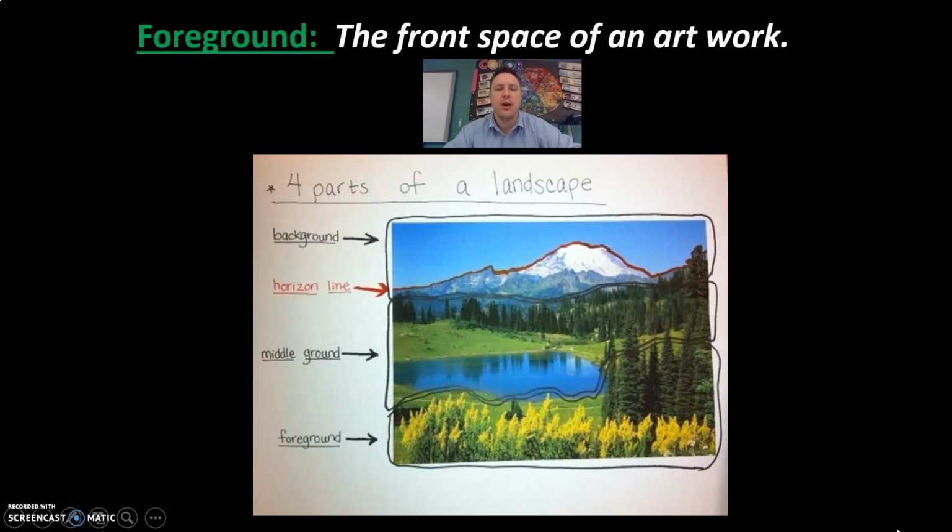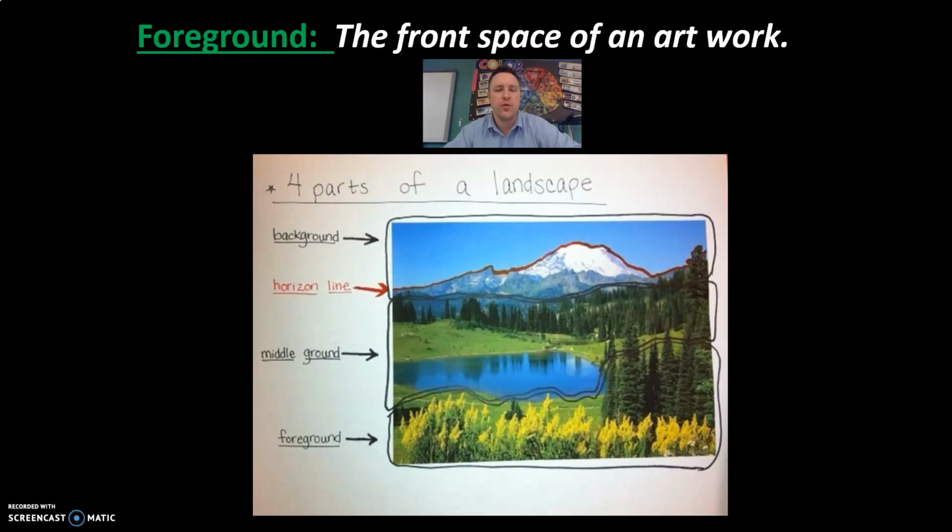You would think with background and middle ground being the first two we discussed, the foreground would be called the front ground to follow that pattern, but for whatever reason it is called the foreground. So just keep that in mind. The first two should be pretty obvious, so the foreground, by process of elimination, is the front space.